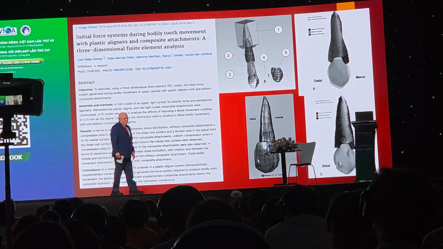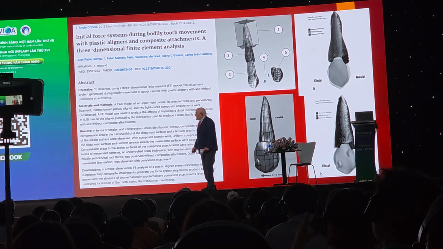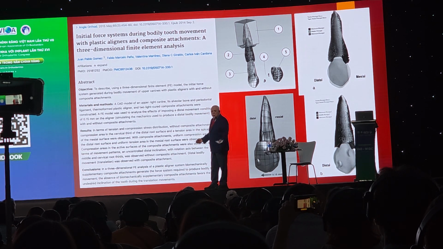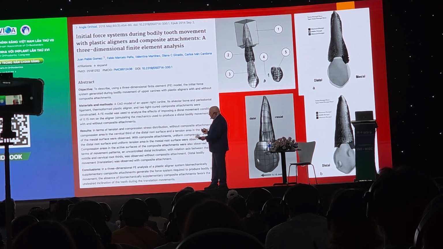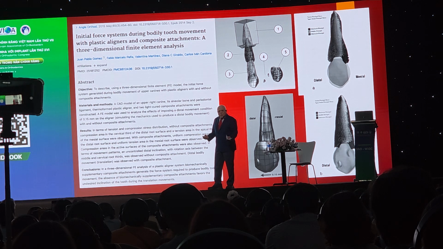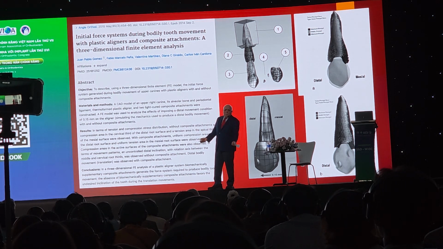This is another of my favorite studies. And this is the study where they talked about what happens when you apply these different attachments. So one of the things that they talked about here is that with thermoform aligners, the force is such that without attachments, you're going to have a lot of problems.